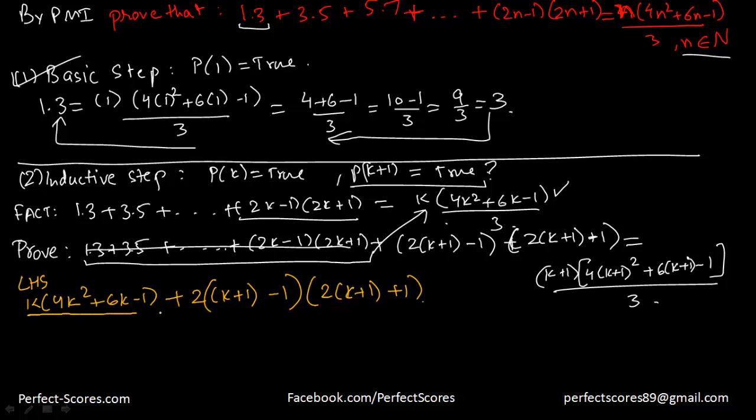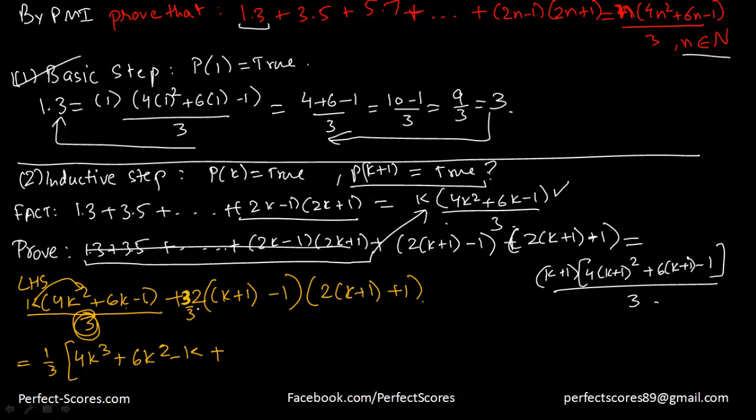So this thing over here is actually divided by 3, right? If I open this up, I'm just going to take this 1 by 3 out, and this over here is going to be 4 into k, which is 4k cube, plus k into 6k, which is 6k square, minus k. Since we've taken 1 by 3 completely out, I'll have to take 1 by 3 out from here too.